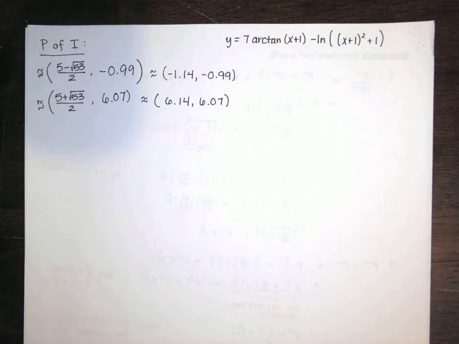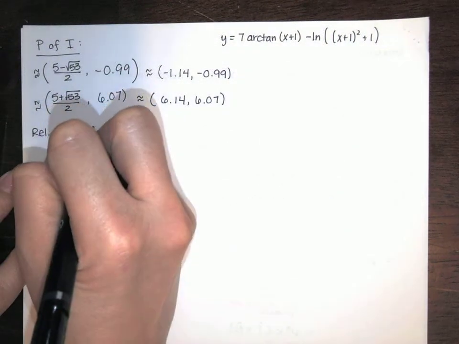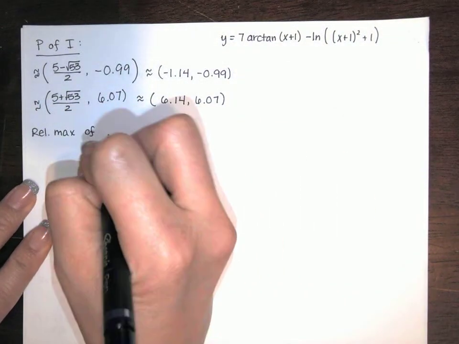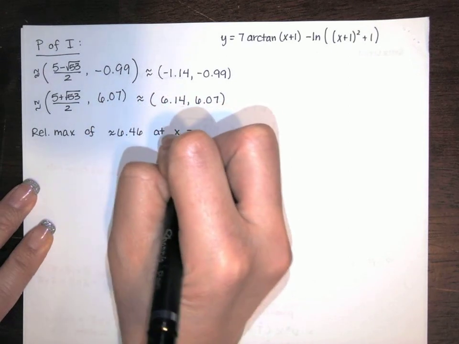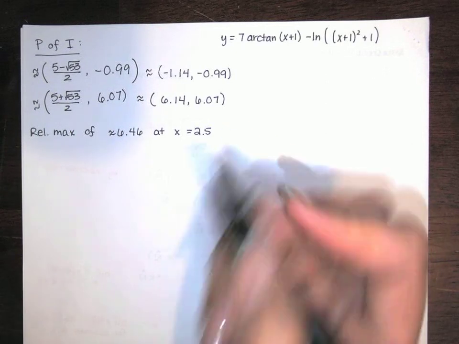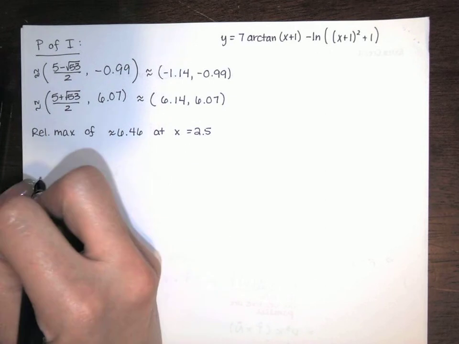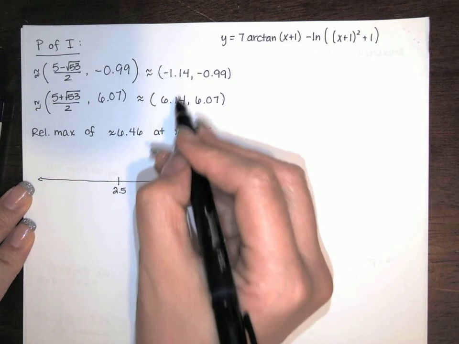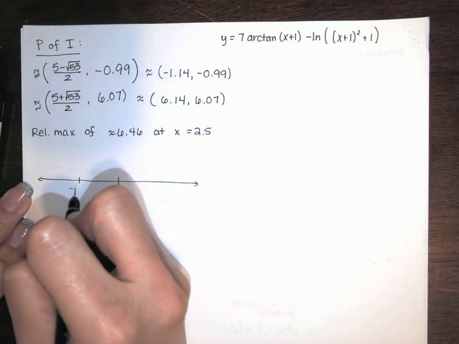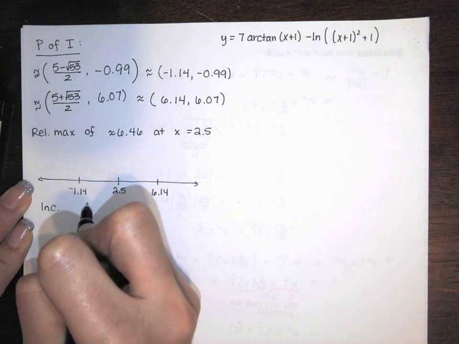Okay, so we've got points of inflection, we've got a relative max of approximately 6.46, and it occurs at x equals 2.5. And we know that the function is increasing on the interval from negative infinity to 2.5. And we've got these points of inflection, also those x values that we want to add to the number line. So it's increasing here and it's increasing here.